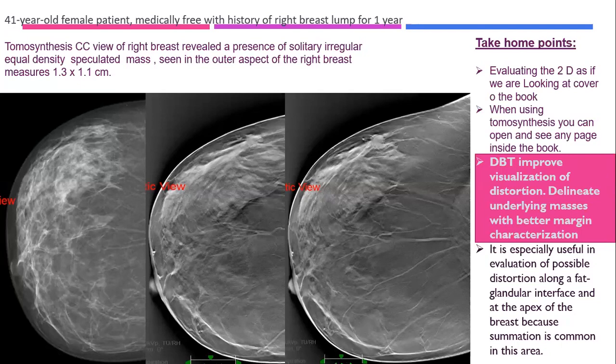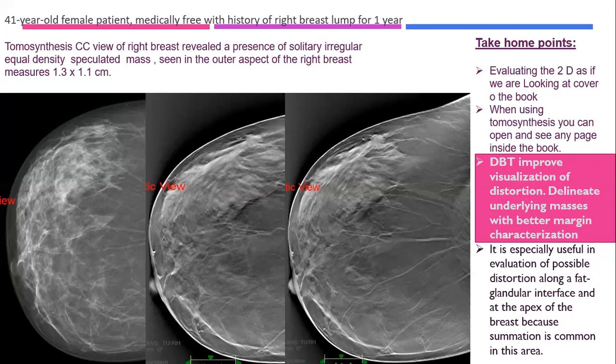It is especially useful in evaluating possible distortion along the fat glandular interface and at the apex of the breast, because here the summation of breast tissue is more common. In these areas there is more summation of normal breast tissue. That is why tomosynthesis is helpful.